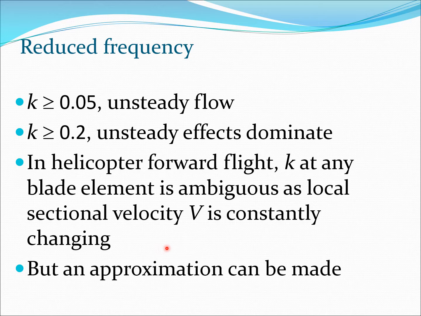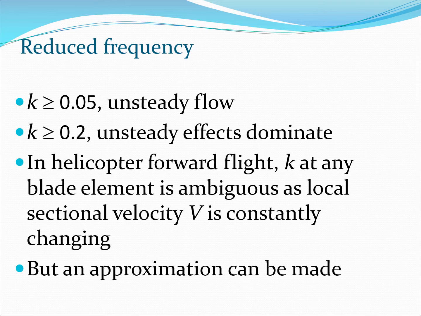Now, we can immediately see that in helicopters, this concept of k or reduced frequency is a little difficult to implement because the velocity V itself is not well defined. Remember, the velocity V is changing throughout the blade span because V is a function of r, because one of the components of V is the rotation speed, omega r.